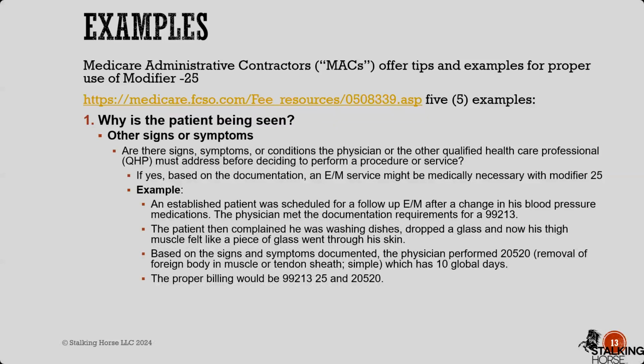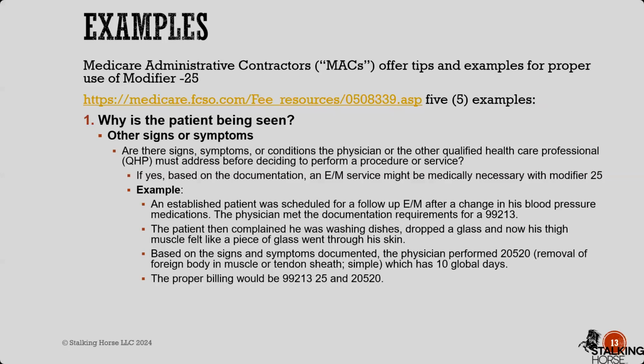The first one is, let's see, why is this patient being seen? Are there signs and symptoms or conditions a physician or other qualified healthcare professional must address before deciding to perform a procedure or service? If yes, based on documentation, an E&M service might be medically necessary with modifier 25. So here's an example that they gave.